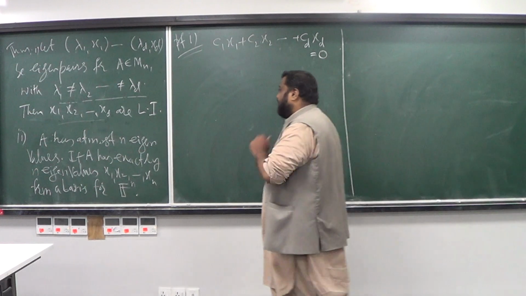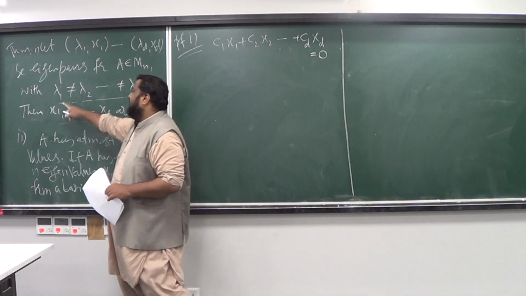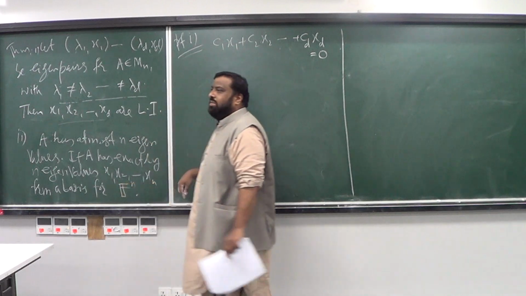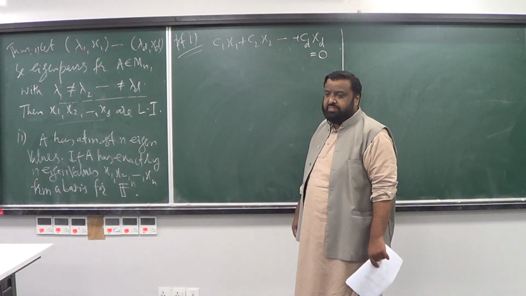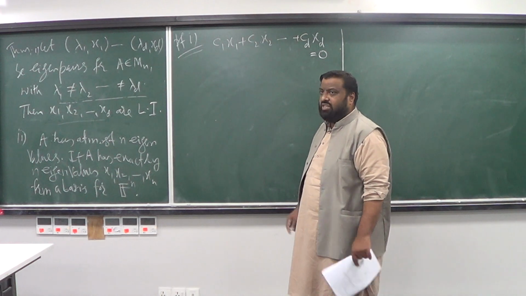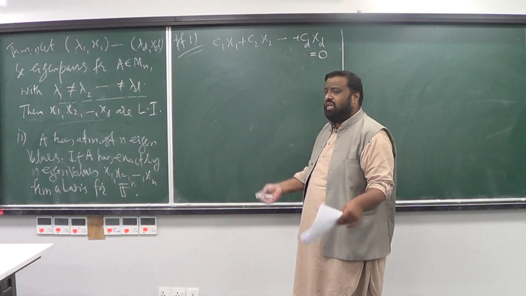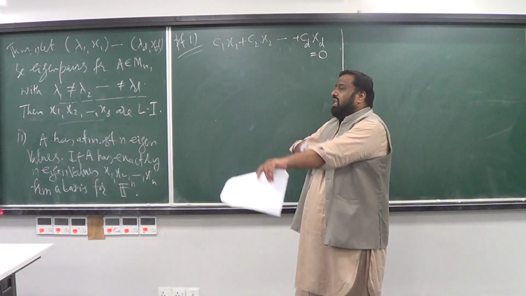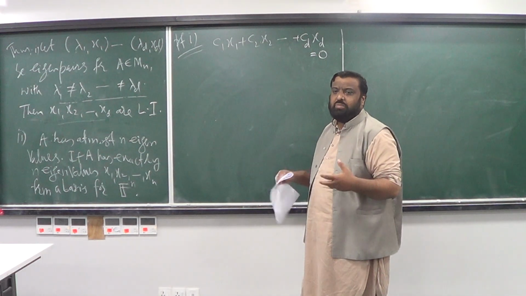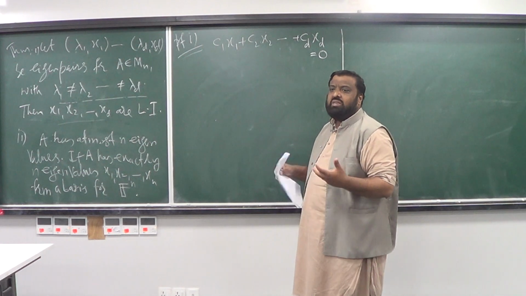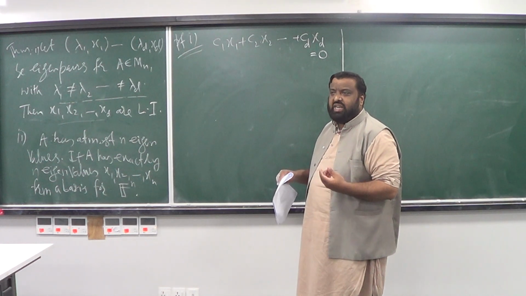Now, lambda 1, lambda 2, up to lambda d are the d eigenvalues of the matrix A. So these are some distinct numbers, could be real numbers, could be complex numbers. I hope we all know what we mean by the Lagrange interpolation formula. It is kind of a trick, actually.